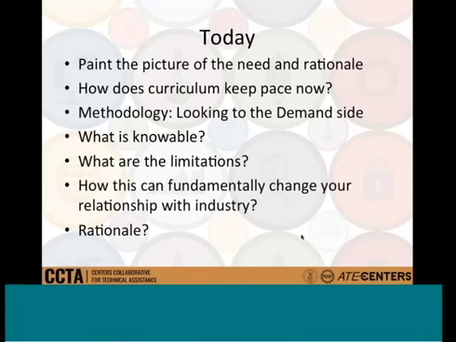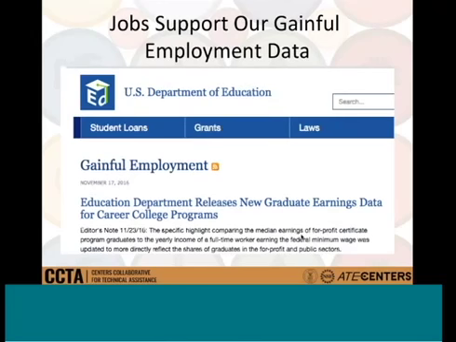So let's start with the rationale for why we're doing this. Well, here's one of them. It's about jobs, and jobs support our gainful employment data. Now, many of you know what this means.